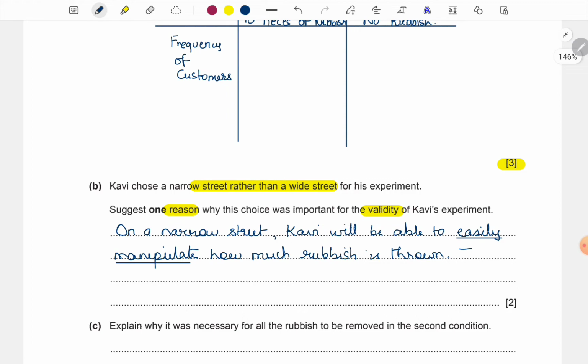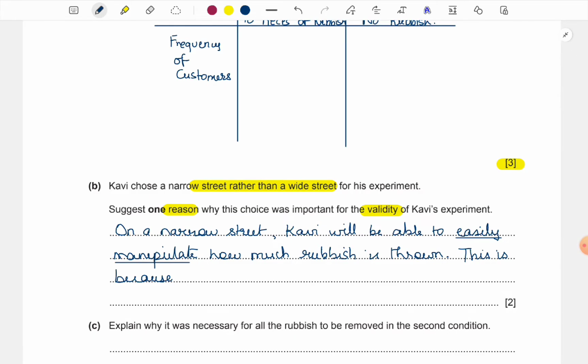This is because. Okay, this is because is a very good signpost or a very good way of beginning always with a sentence. Keeps you also on track to write like this and makes it clear to the examiner that this is the sentence where you will be giving reasoning.